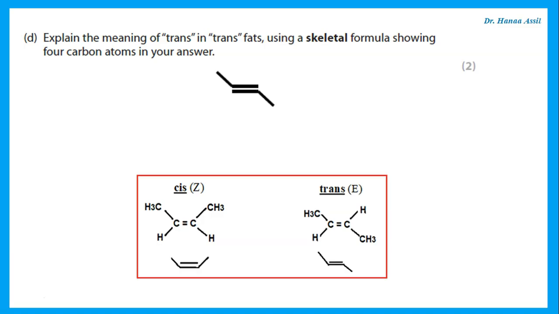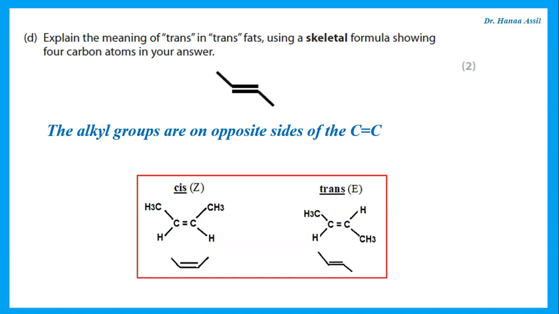So this is the skeletal formula for a trans. Remember, this is trans because the alkyl groups are on opposite sides of the double bond.